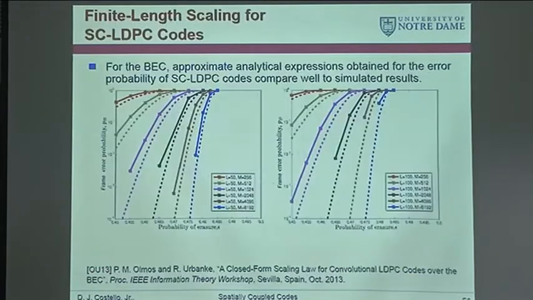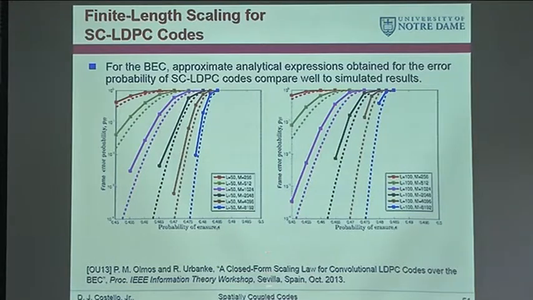You can look at this issue of frame error rate, and this is a paper by Olmos and Urbanke. They had developed some methods of looking at the scaling behavior of low-density parity check block codes, that is, how the finite length performance changes as you change, say, the lifting factor, which goes into a protograph, or the block length of the code.